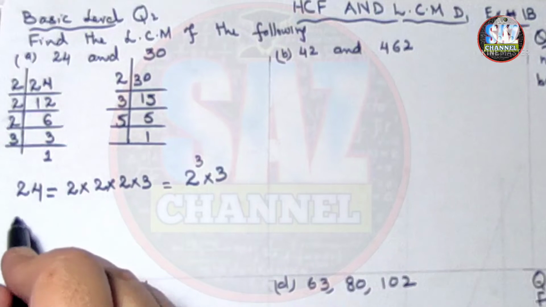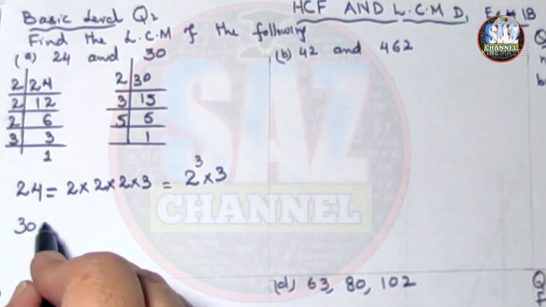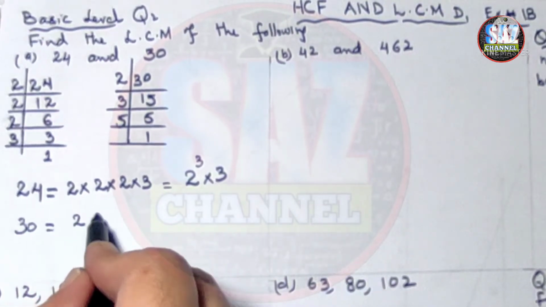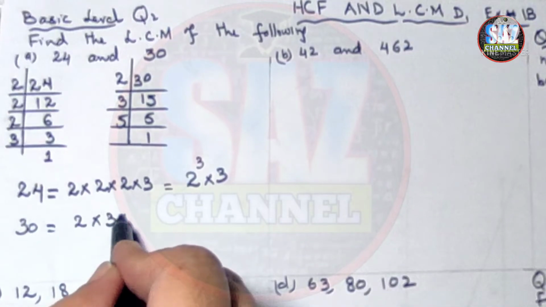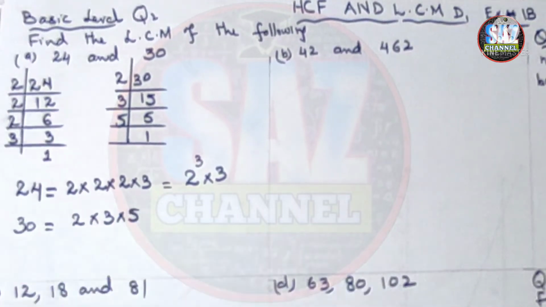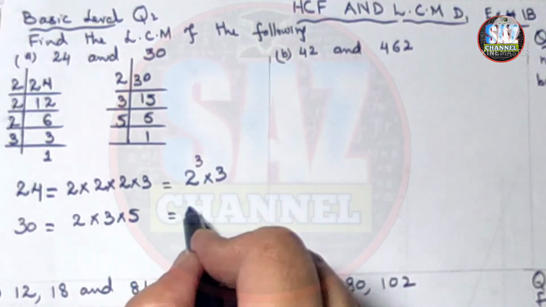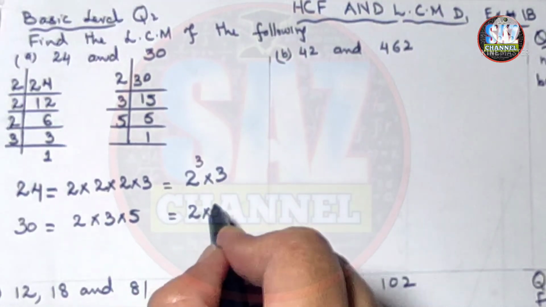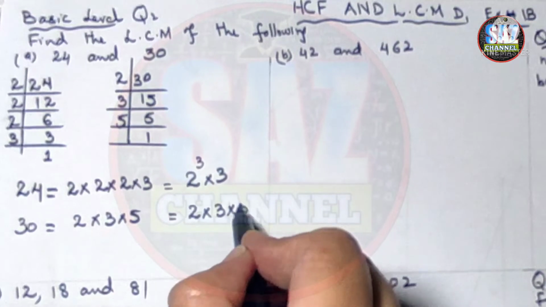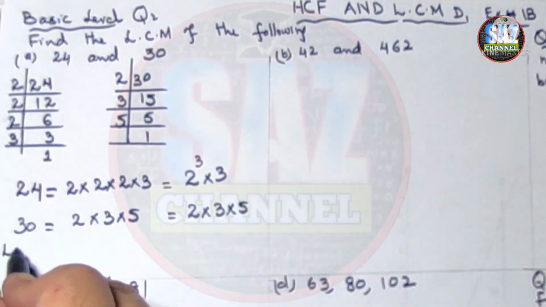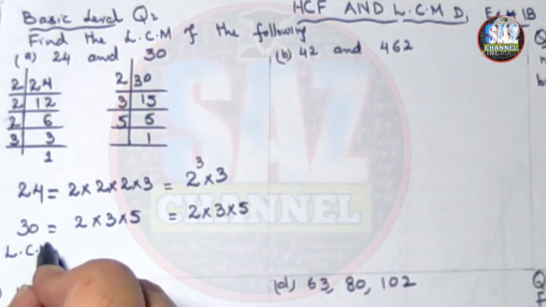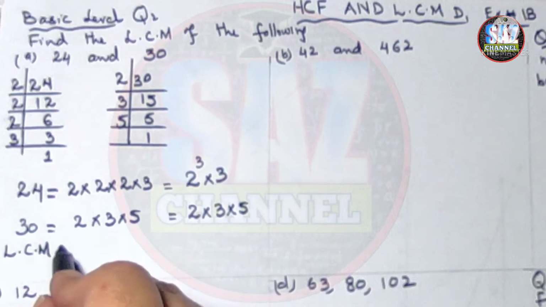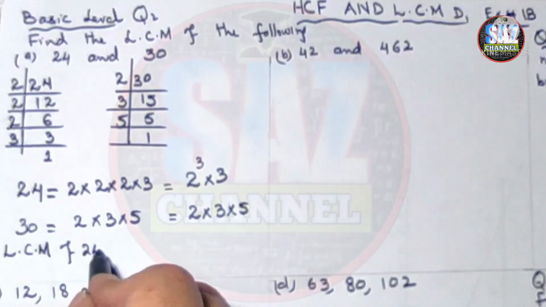And 30 will be 2 multiplied by 3 multiplied by 5. Now I have to write the factors of 30 here underneath as well: 2, 3 and 5. As we know that LCM is the product of common and non-common factors of 24 and 30.